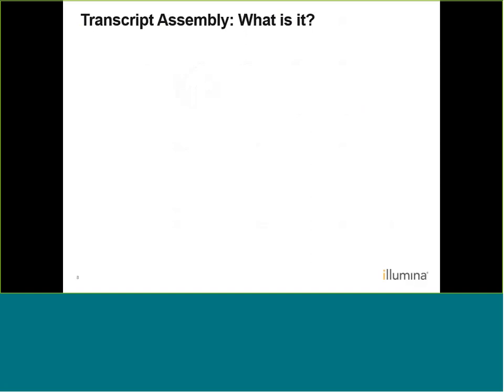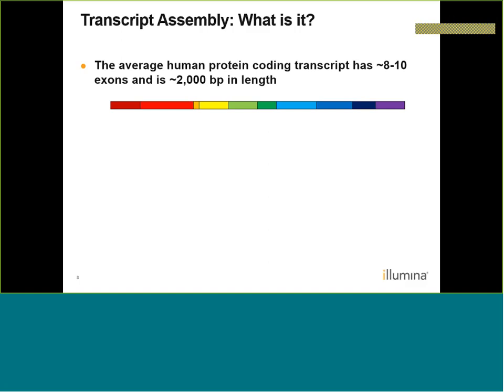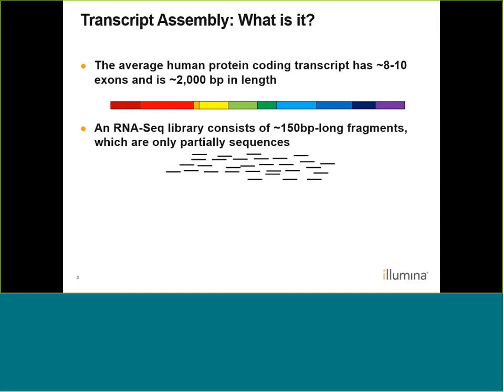Next, let's talk about transcript assembly. What exactly is this? So if you consider the average human protein coding transcript, it has about 3 to 10 exons and is around 2,000 base pairs in length. If you consider the length of one of these protein coding transcripts compared to the length of library fragments generated during library preparation, the library prep fragments are an average of 150 base pairs long.